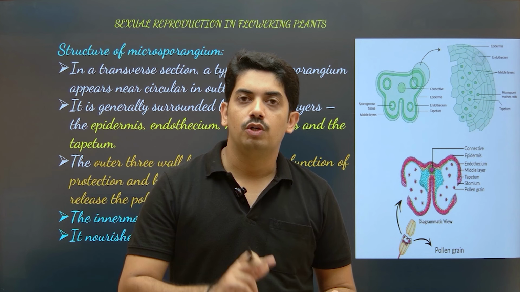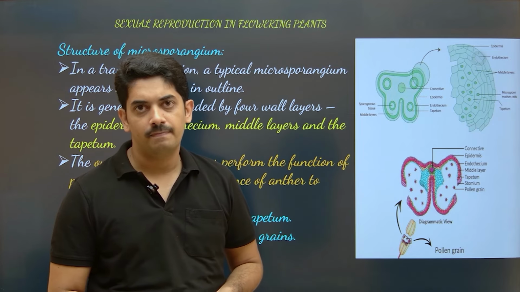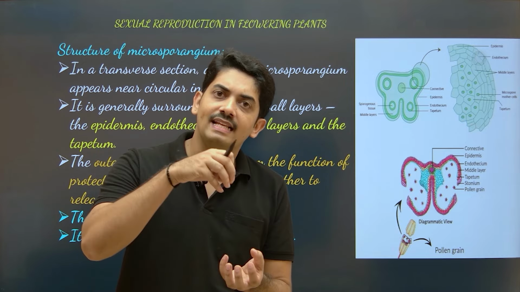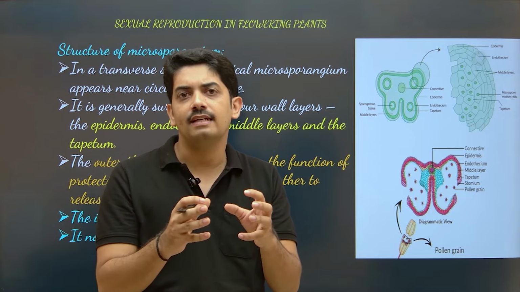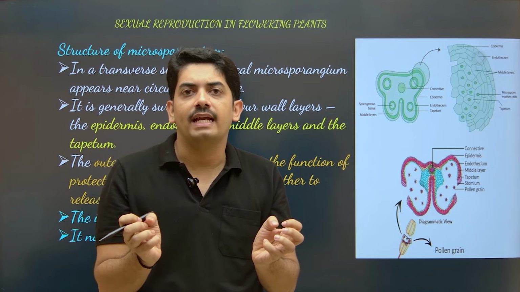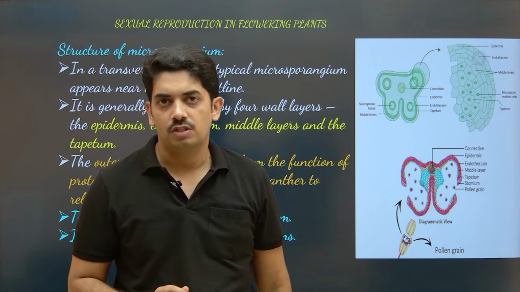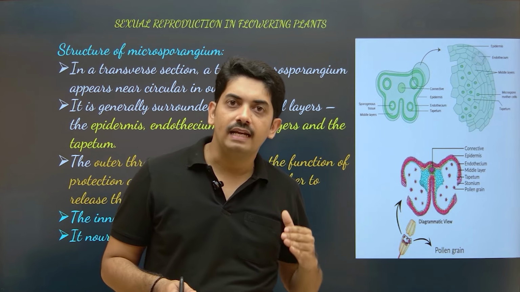Epidermis, endothecium and middle layer mainly are involved in dehiscence. Once the anther is completely dehydrated, pollen grains are fully formed and mature, these three layers absorb water from the atmosphere and they rupture and pollen grains are released. So that is the function of the three layers: epidermis, endothecium and middle layer.